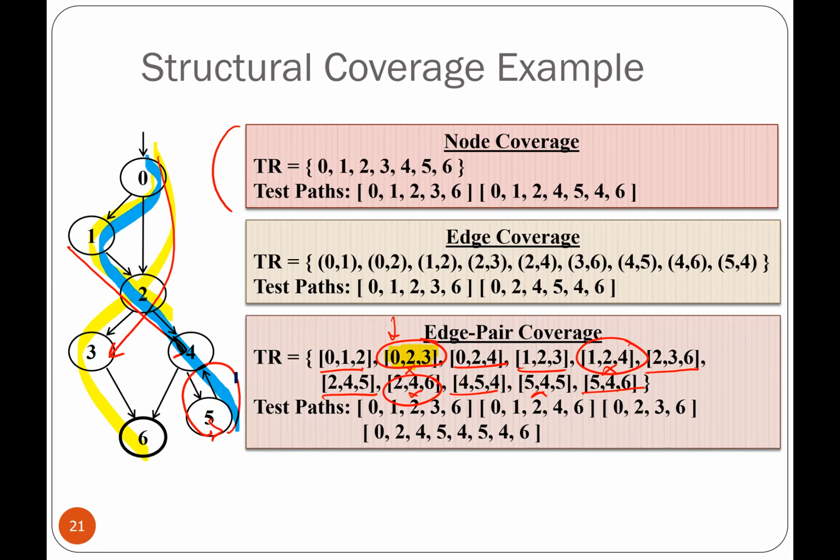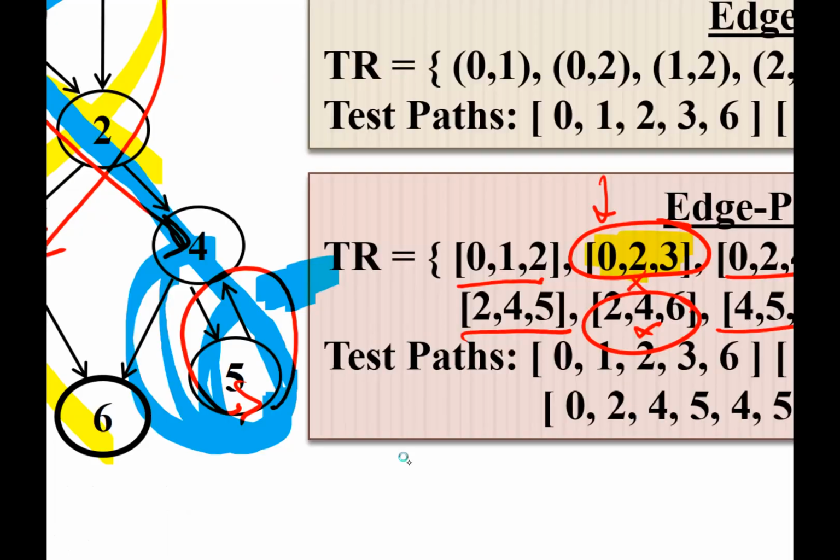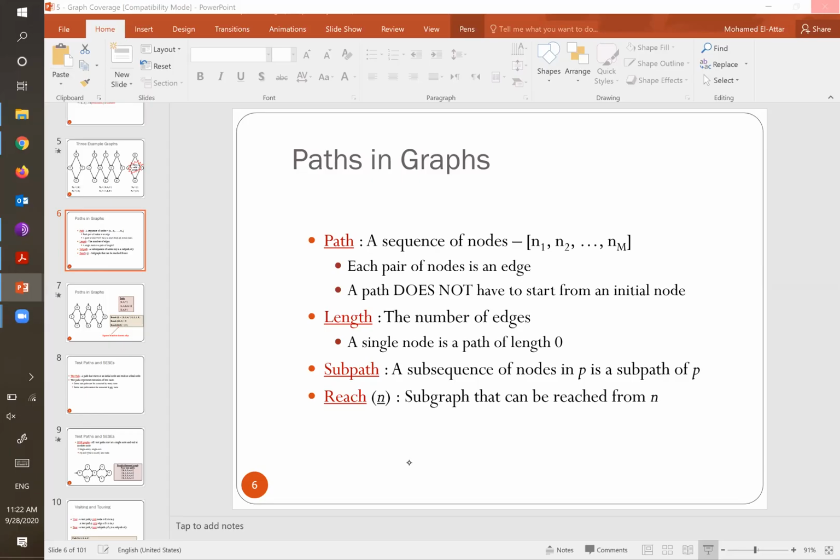It stopped working. Unfortunately, I think it just froze on me. It does that sometimes with the highlighter. But I think you get the idea. So I go down to 5, then go back up to 4, and then I have to go down.